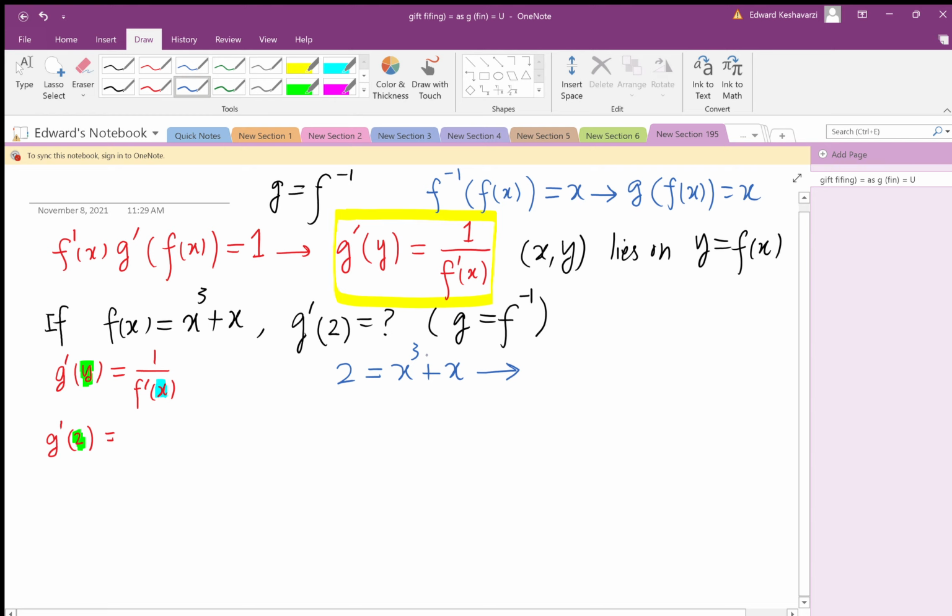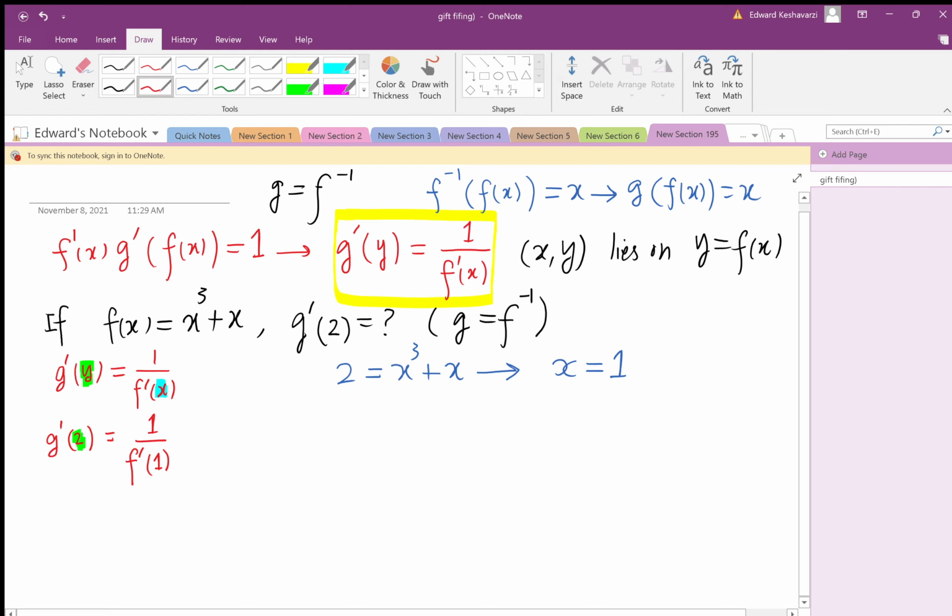So by testing, it's obvious that x has to be 1 because 1 plus 1 is 2, right? So x equals 1. So now I can complete the formula. So g prime at 2 equals 1 over f prime at x, which is 1. I just found it.